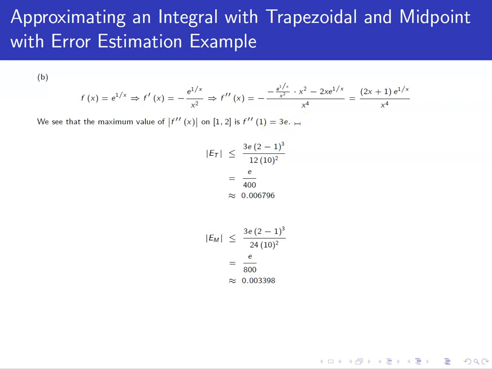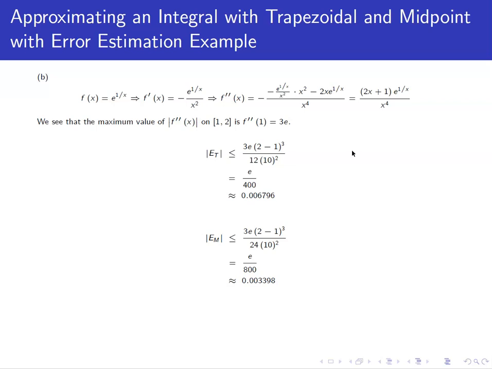The trapezoidal and midpoint rule bounds for their errors look very, very similar. The only thing that's different is that we divide by 12 for trapezoidal rule, and we divide by 24 for midpoint rule. So we do 3e, that's the maximum, multiply by the cube of the length of the interval. In this case, that's just 1.